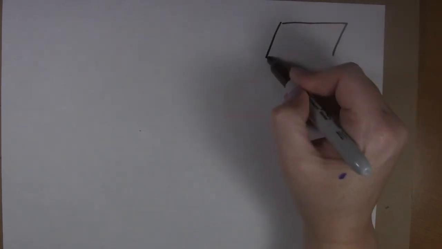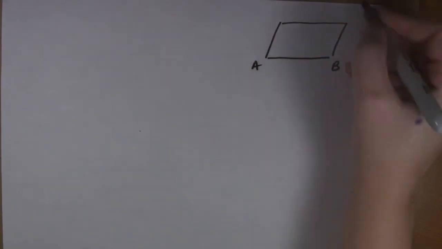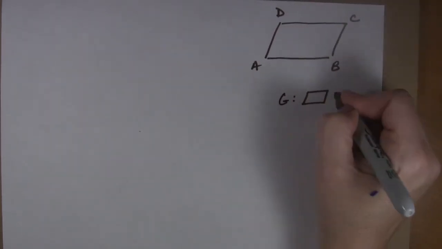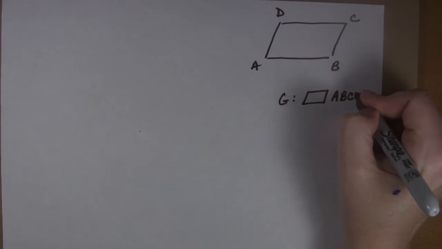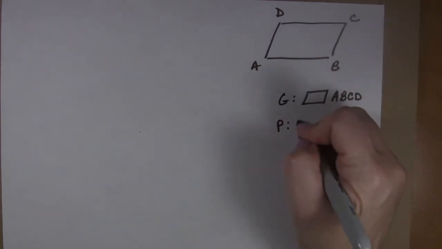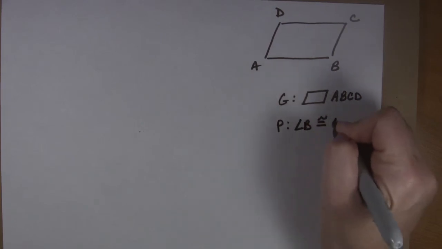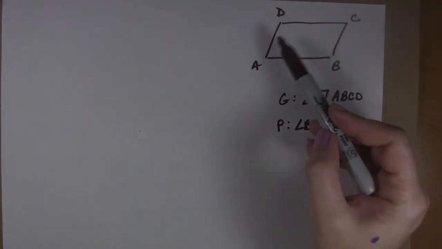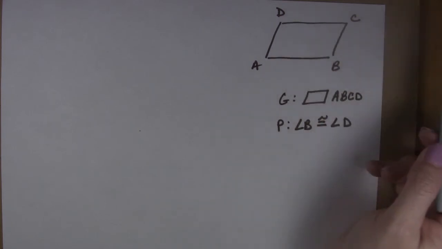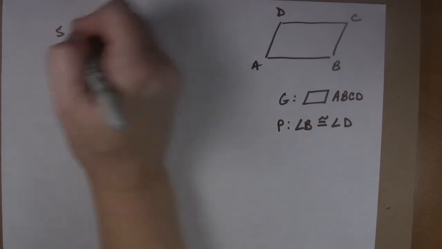Okay, so the last one says A, B, C, and D. We are given that this is a parallelogram, ABCD, and we are being asked to prove that angle B is congruent to angle D. Again, I could also prove that angle A is congruent to angle C just by drawing my diagram differently, but I'm just going to do it this way right now.